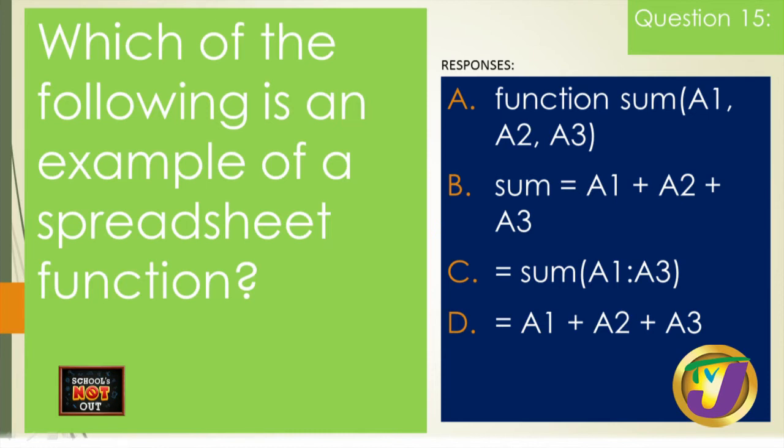B, sum equal A1 plus A2 plus A3. This, of course, is completely wrong as well. Always begin functions and formulas in Excel with an equal sign.